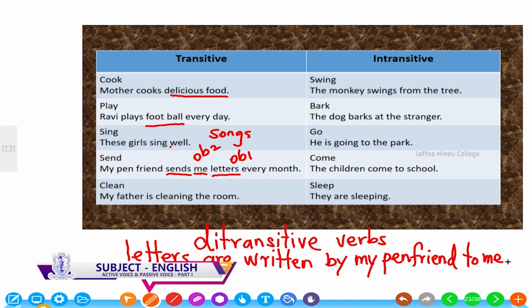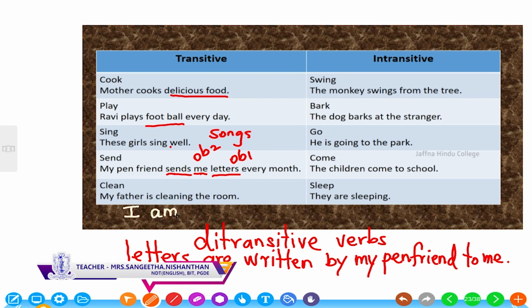And if I consider me as an object, when I bring it to the beginning, I have to change it to the subject. So, me is the object pronoun, and when I bring it to the beginning, it changes to the subject pronoun I. I is the subject pronoun of me. What is the be verb for I used in present tense?